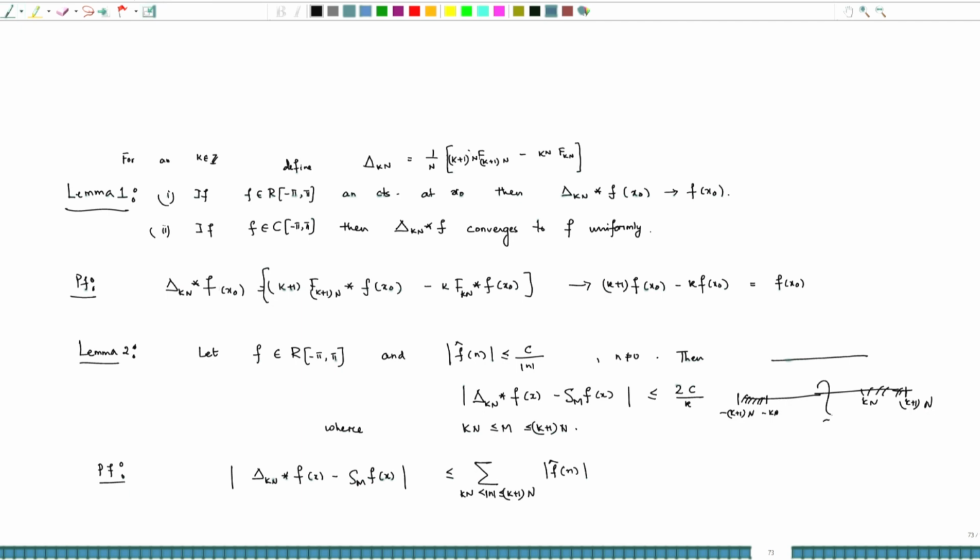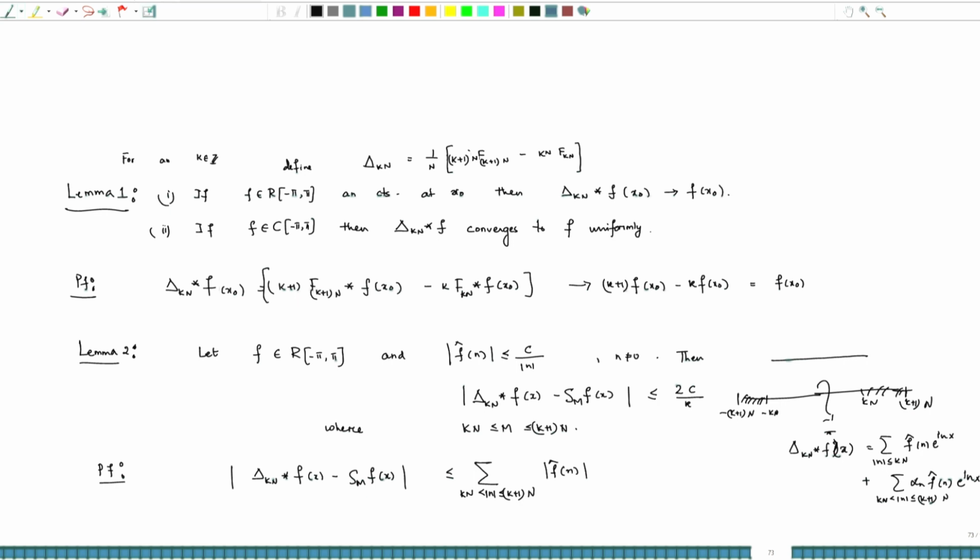So, here in this case, what I mean to say is that delta_{kn} convolution of f at x is equal to the summation over mod n less than or equal to kn of f hat of n e to the power i n x, plus the summation over kn less than mod n less than or equal to (k+1)n of the weight, 2 to the power, 1 minus mod j by kn plus 1, times f hat of n e to the power i n x.